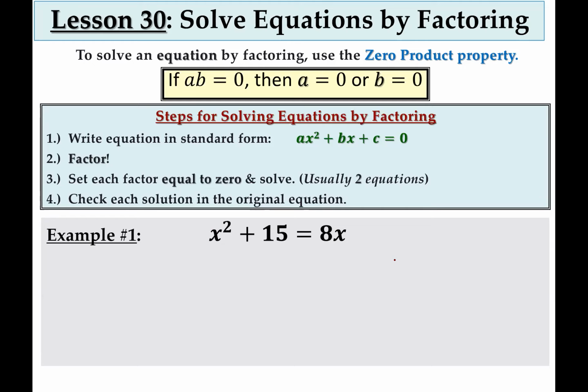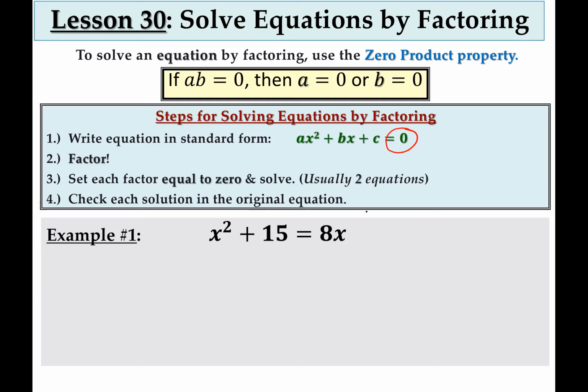We are going to solve using factoring. So let's remind ourselves of our steps that we just saw. Step 1, write the equation in standard form: ax squared plus bx plus c equals 0. In other words, get 0 on one side. So we don't have that right now. We have x squared plus 15 equals 8x. Leave the x squared where it is.